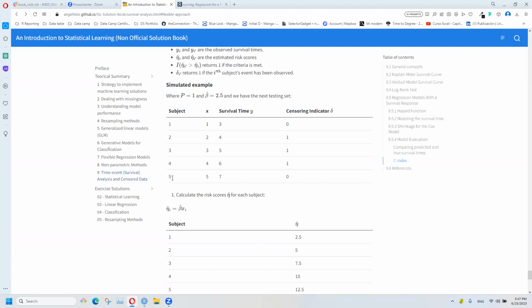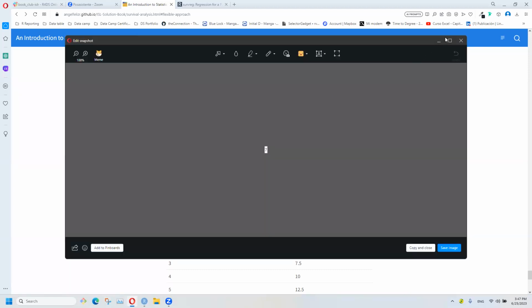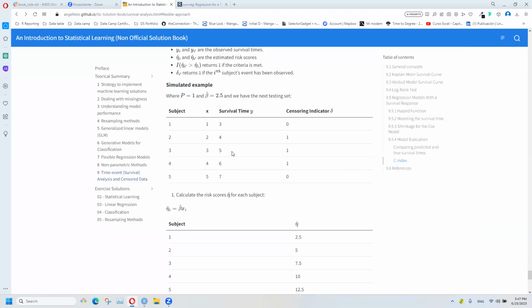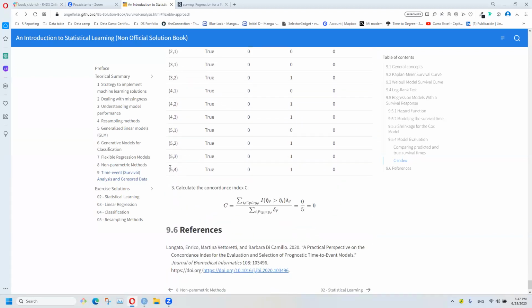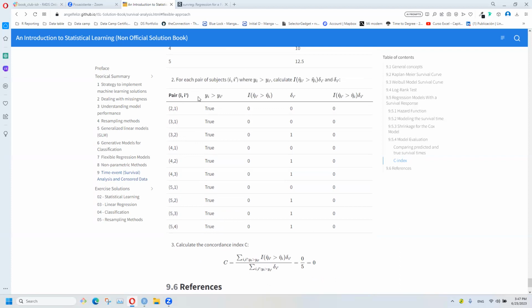If we go to subject 5, we see that 7 is higher than 6, than 5, than 4, than 3. For that reason, when we go to the table, we see that they are comparing 5 with 4, 5 with 3, 5 with 2, 5 with 1. Because that's the main rule.